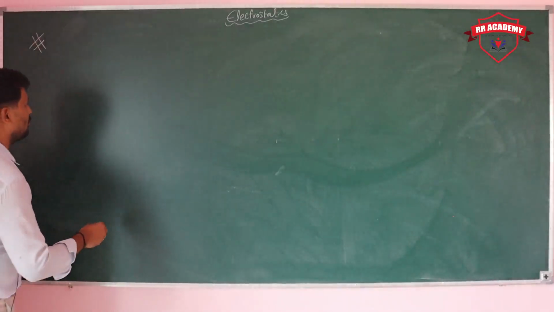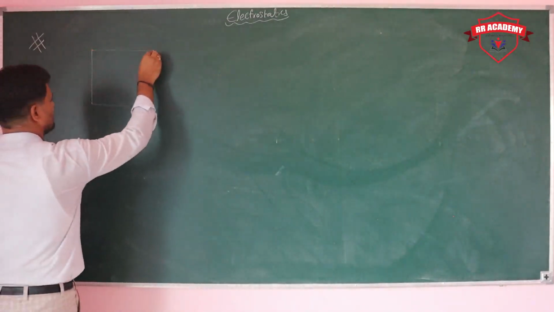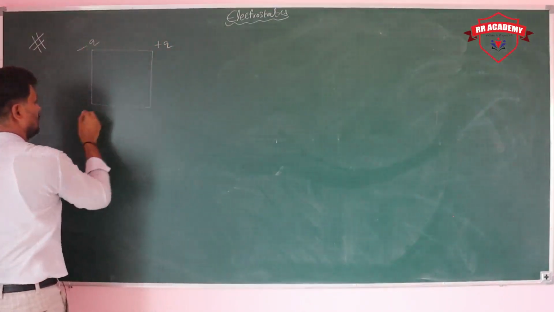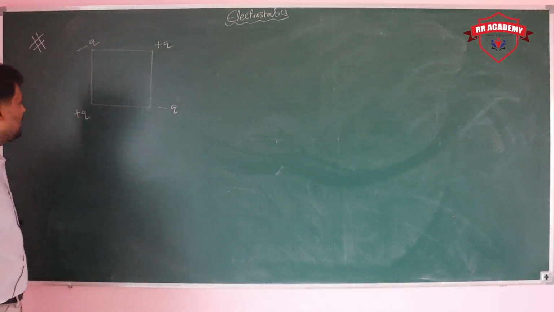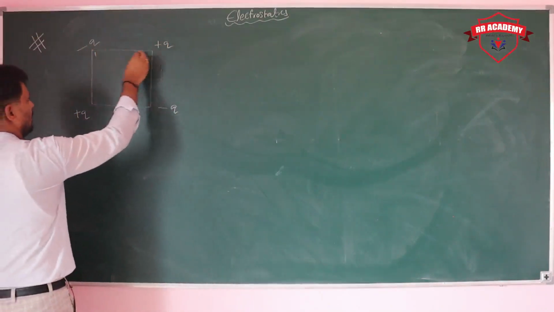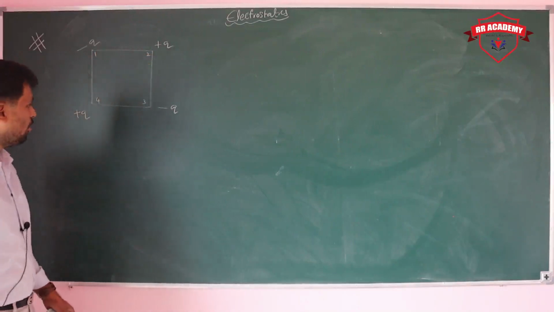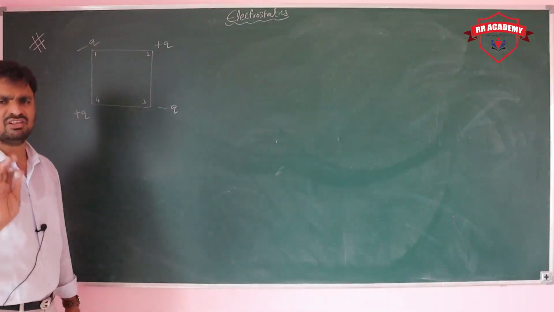So we'll take one more problem here. We take 4 charges, 2 negative and 2 positive, numbered 1, 2, 3, 4. What are the forces acting on charge 3 by the remaining charges? I am just giving the direction.